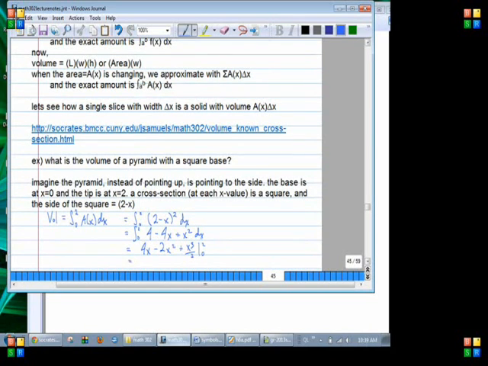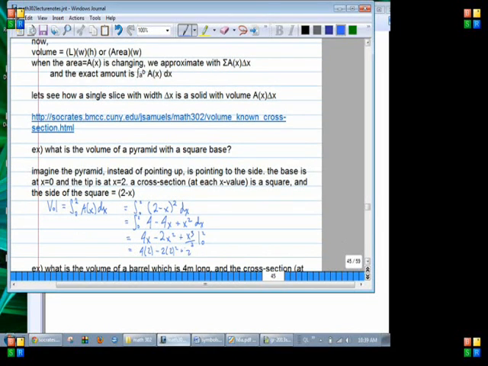So this will be 2 times 4 minus 2 times 2 squared plus 2 cubed over 3, minus 0 minus 2 times 0 squared plus 0 cubed over 3.